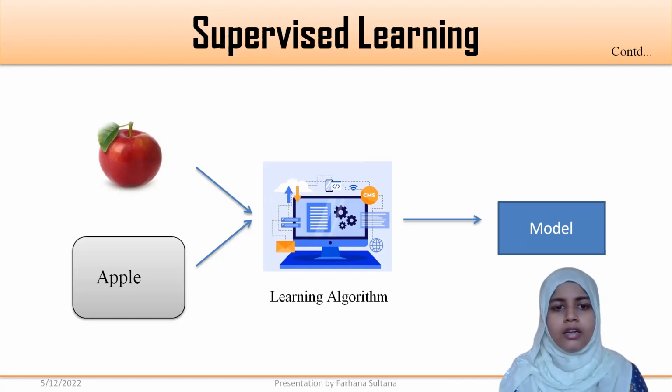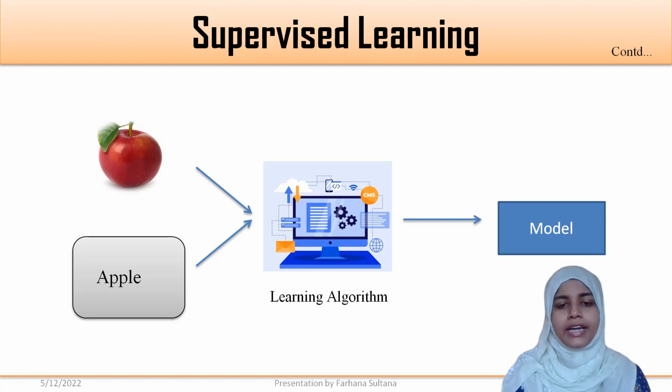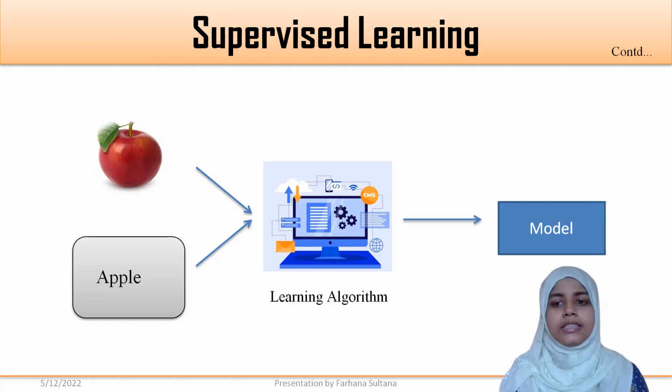Both are provided to the learning algorithm, and from that the machine automatically learns what kind of feature vector there will be if we call that object an apple. So it will learn the behavior or characteristics of an apple, and when it learns to successfully recognize an apple, we call that the model.